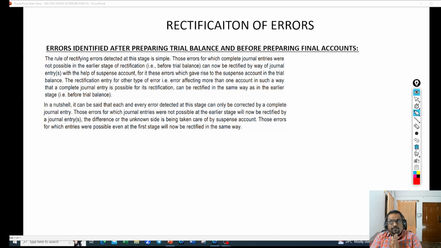One conclusion here before I close this video. In second stage, you prepare the trial balance, you identify the difference, and it will be posted to suspense account. So as soon as the difference is posted to suspense account, you know one leg is already defined. Now, since the difference is posted to suspense account, as an accountant, your responsibility is to identify where that error happened. If it is a one-sided error, you rectify that one-sided account and rectify the suspense account.